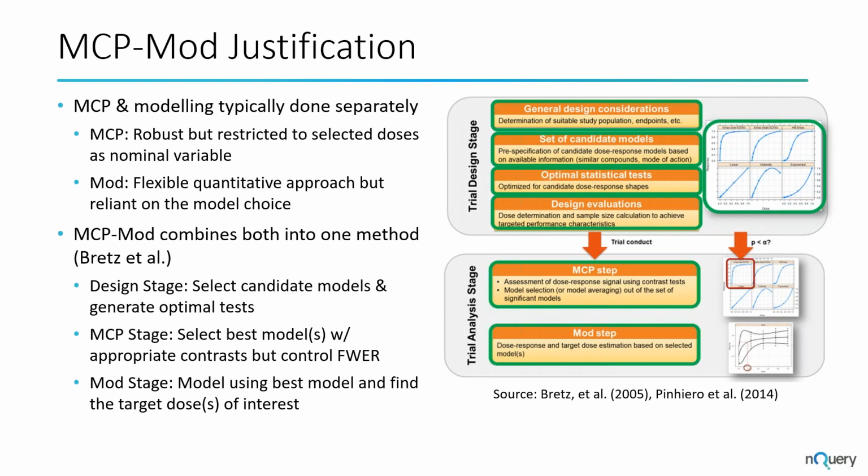But it's not without disadvantages either. It's obviously more complex and requires more expertise to implement. But we'll see in a moment that software such as nQuery and others can help, at least with the increased computational complexity.